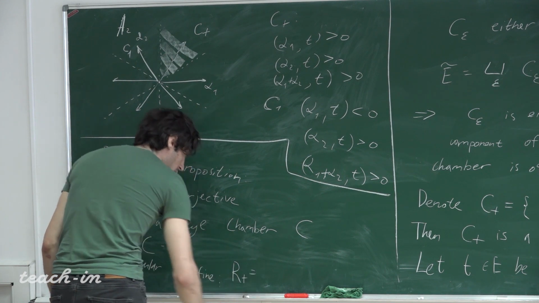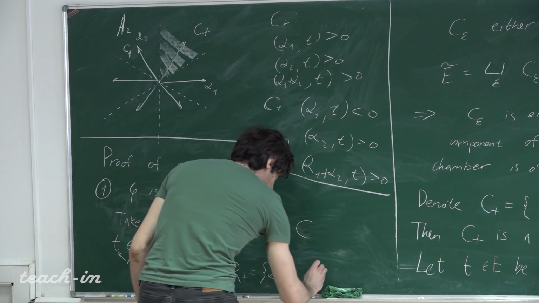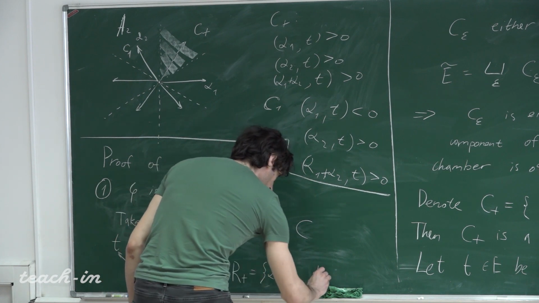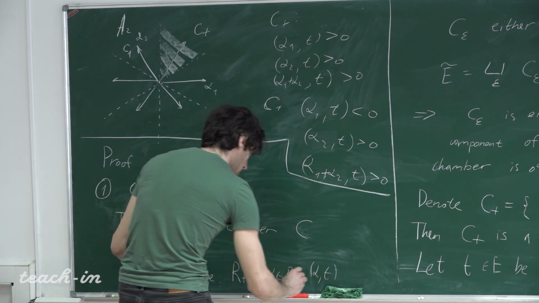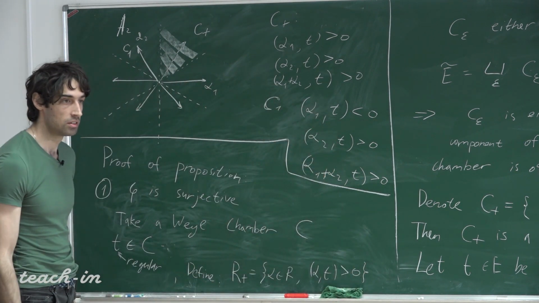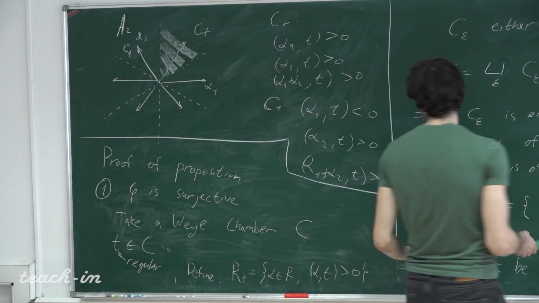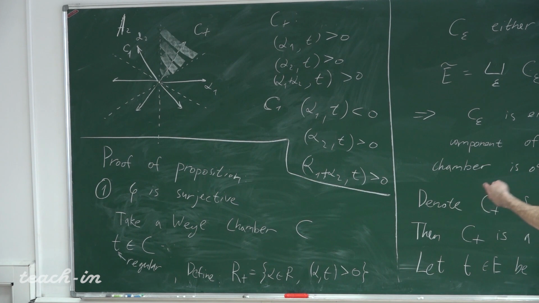Positive roots are exactly those roots for which the inner product with t from this C is greater than 0. Well, it's just some simple thing, but still. Then phi of R plus is C.